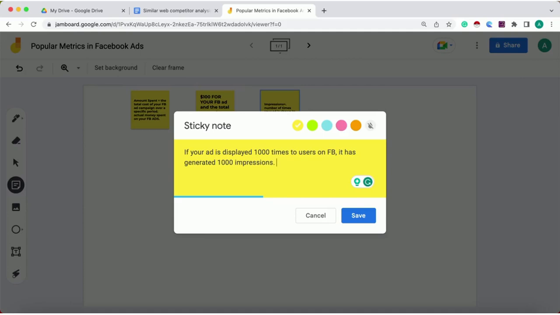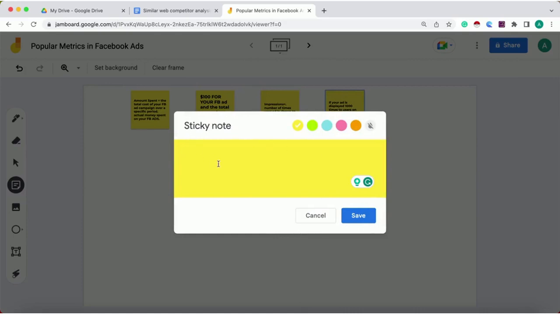Later when we calculate cost per 1000 impressions, that is CPM, there is a different calculation altogether, and I will let you know how to do that. But before we go on to the advanced metrics, it is very important to understand these concepts first. So the second is impressions: the number of times your ad is shown to your audience.